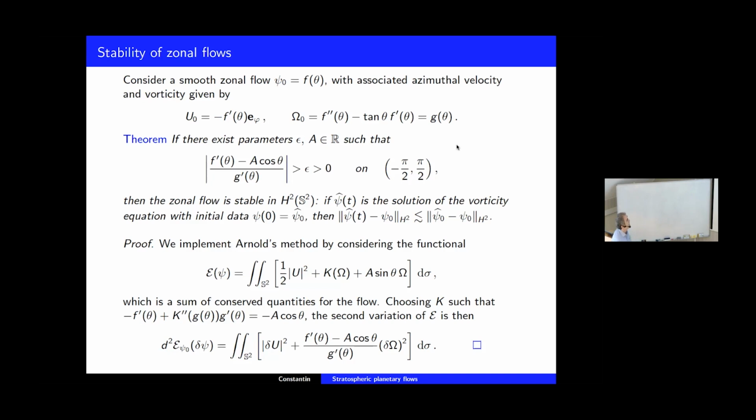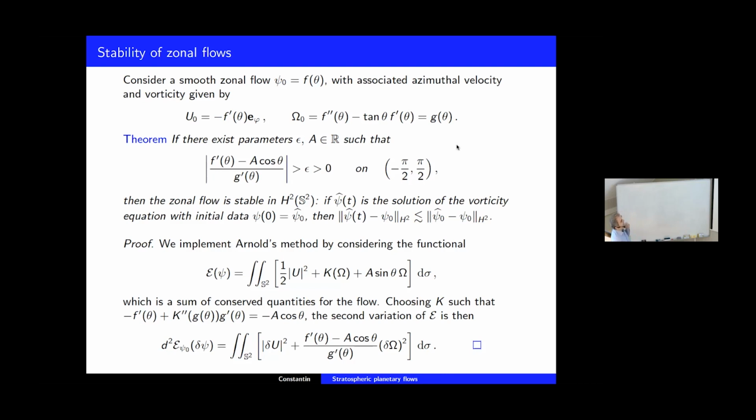So in this setting, we take a zonal flow of this type. Okay, so little f. So this is the stream function. It depends only on theta. This corresponds to this velocity field that is zonal, so there is no meridional flow. And this would be the vorticity.